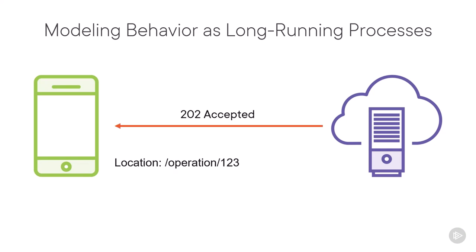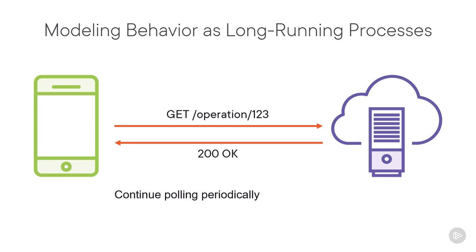The server, in turn, creates the job and returns back a location header where the state of the job can be monitored. Then, the client is able to poll that location to check to see what the state of the operation is. The server will continue to return a series of 200 OK responses while the job is not yet complete. The client may also have an option to cancel the job.